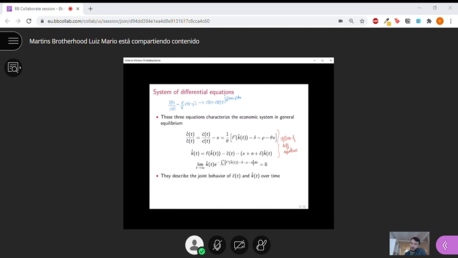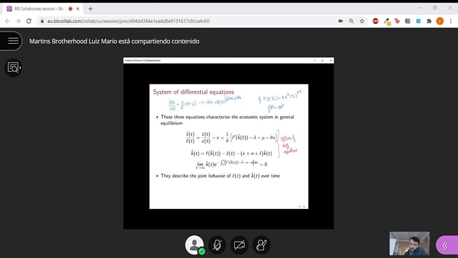Remember that if the production function is the Cobb-Douglas production function, f of K, T, L is some parameter times K to the alpha times (T L) to the 1 minus alpha, we know that f of k hat, I may make some mistake here, but I think that's k hat to the power of alpha.